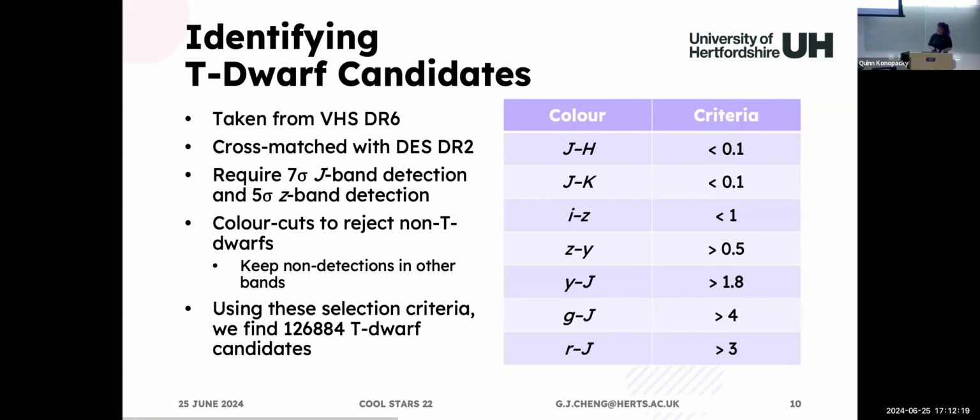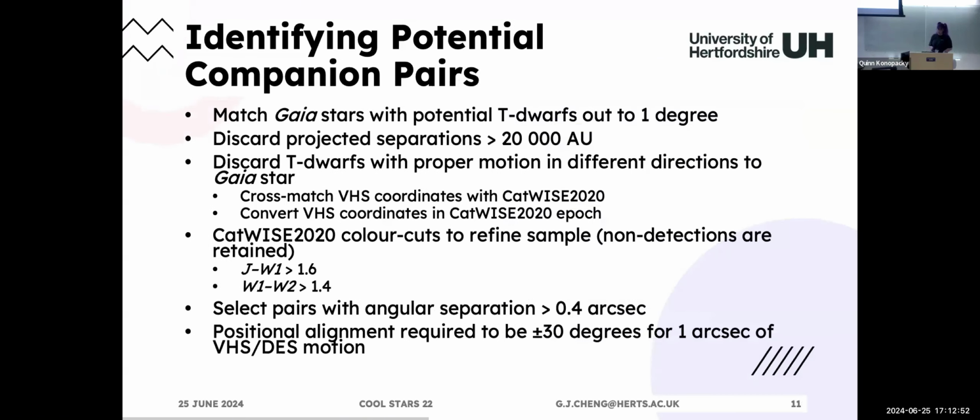The T-dwarf candidates were taken from VHS DR6 and DES DR2. We cross-matched them together and required a 7 sigma J-band detection and a 5 sigma Z-band detection. We didn't require detections in other bands to keep candidates in the sample, but we used a bunch of color cuts, which are in this table here, to reject any candidates which are likely not to be T-dwarfs.